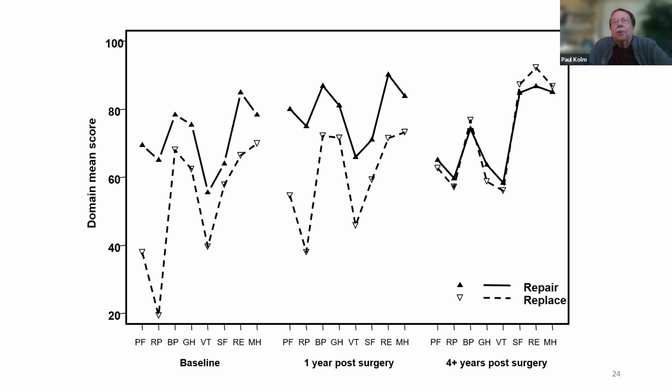So they would still be parallel, but you can see that we have a sort of a trend over time here of higher domain scores over time for both groups. It's just at the 4+ years post-surgery that there's really no difference in the profiles between the two groups.